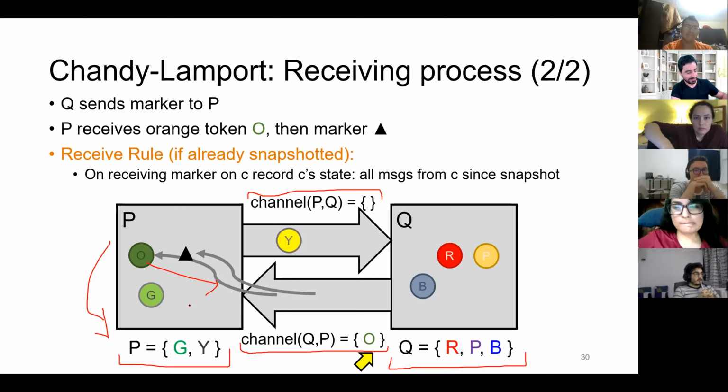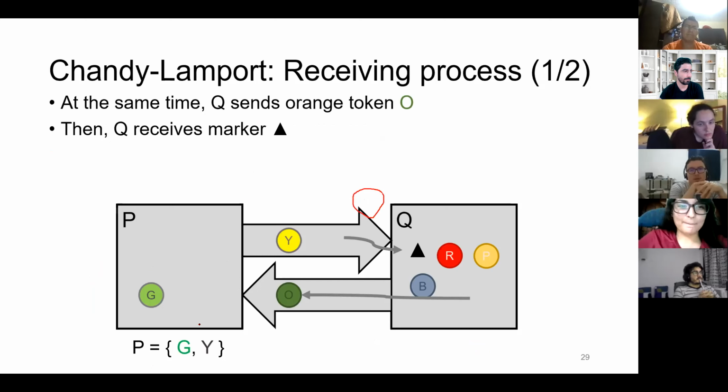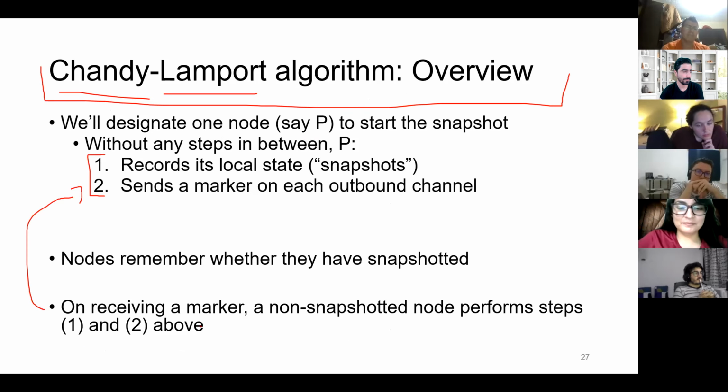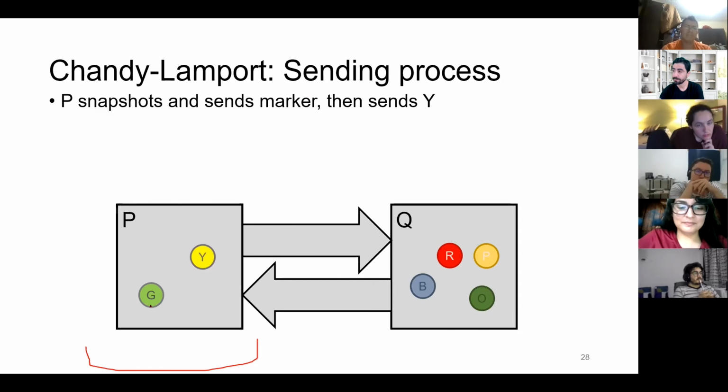When the process P starts the snapshot, in that moment, does it have to have something like a buffer to store the channel QP? How will it know that it has to store, for example, that there is a message being sent from Q to P?